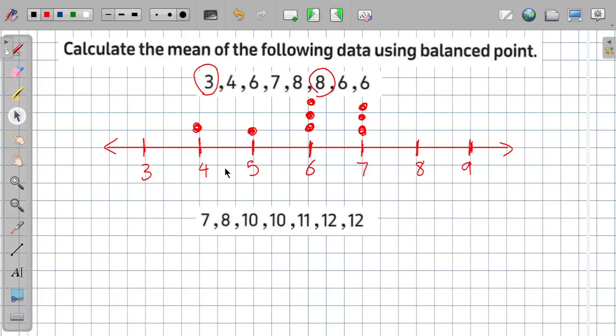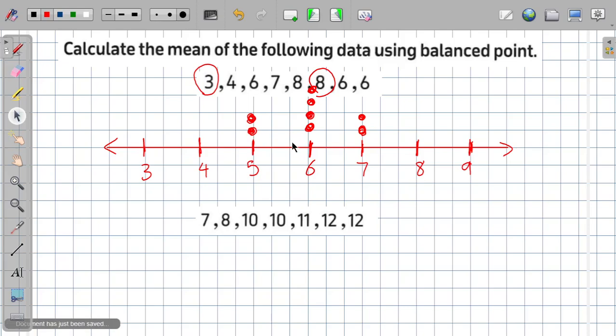Next I will move this point right here and this point right here. If we do any move to the right, I will move 1 point to the left to make the dot plot balance and to find the balance point of this data set.